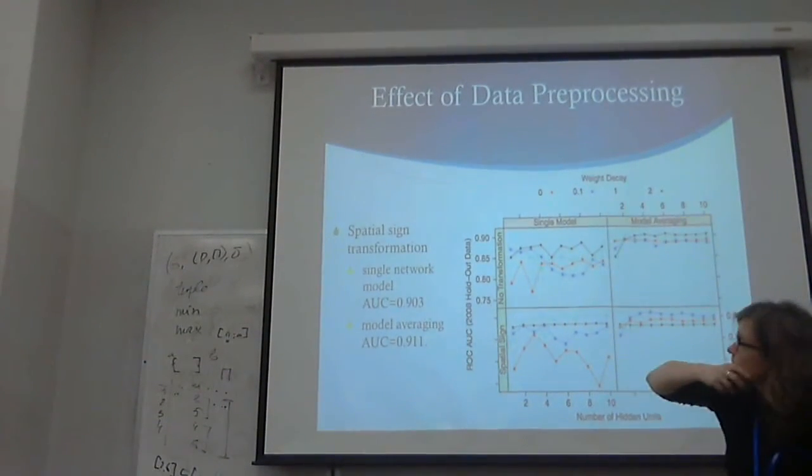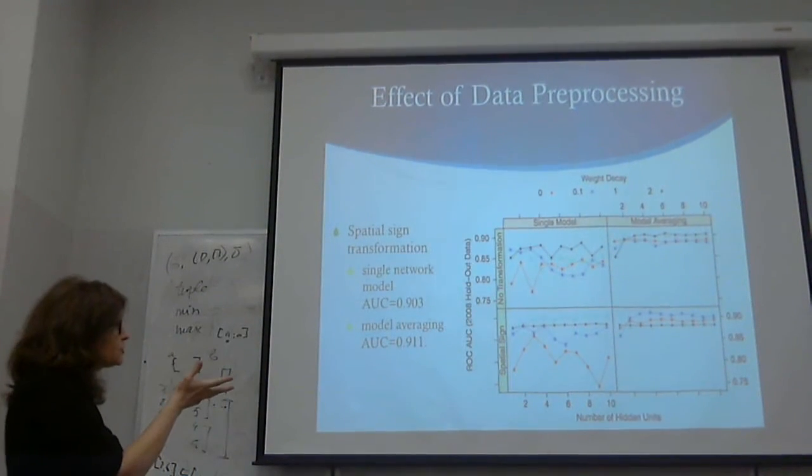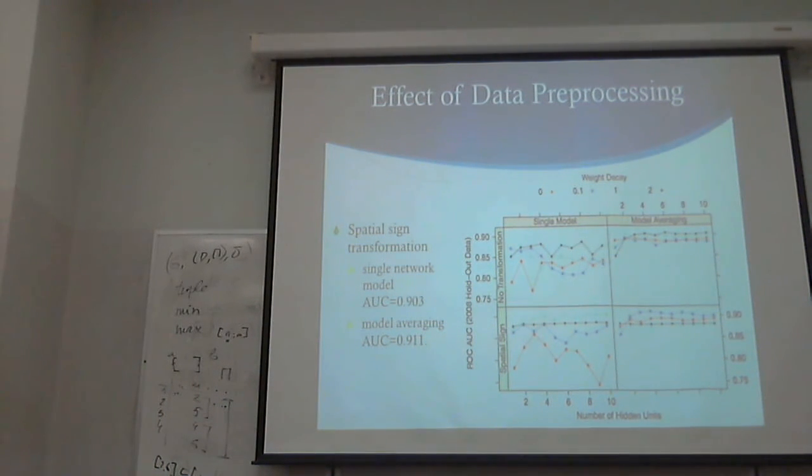What does it show? So the result of this graph, yes, spatial sign transformation does improve the model performance, yes, it does in general, but mostly for the model averaging specifically.